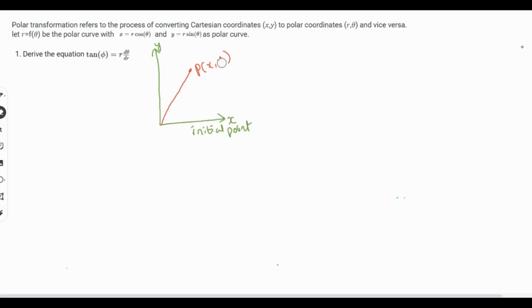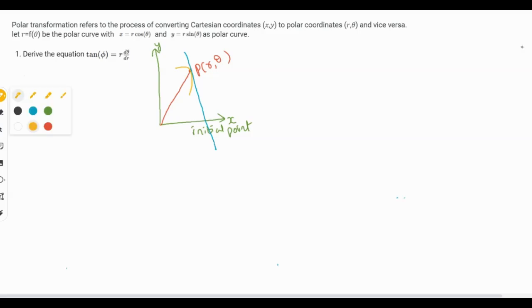We are doing it for polar, so it will be r comma theta, and there is a tangent, and there is a polar curve.